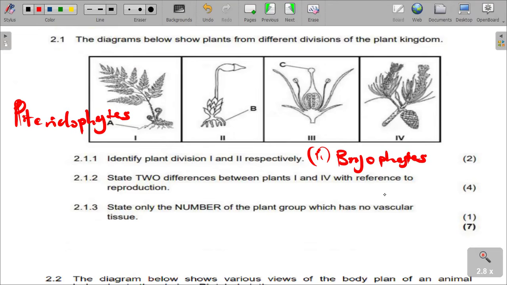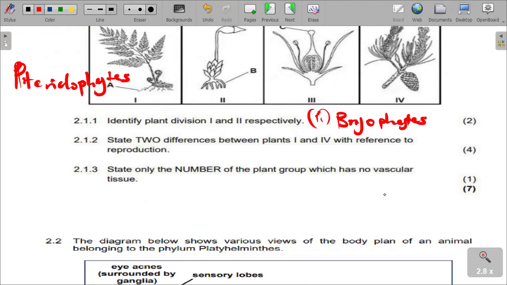State two differences between one and four with reference to reproduction. One and four, we are saying two differences between one and four. One, if you can look there, is a plant which needs water for fertilization.